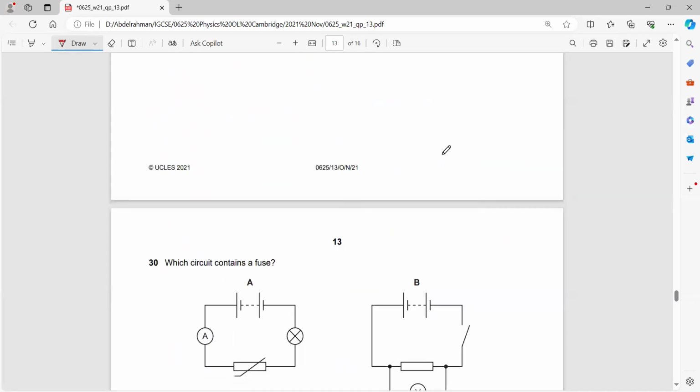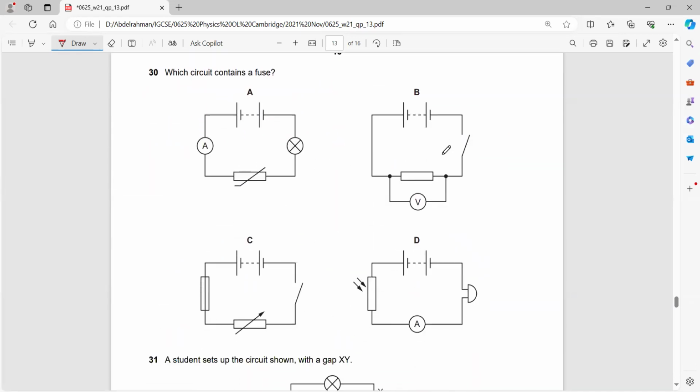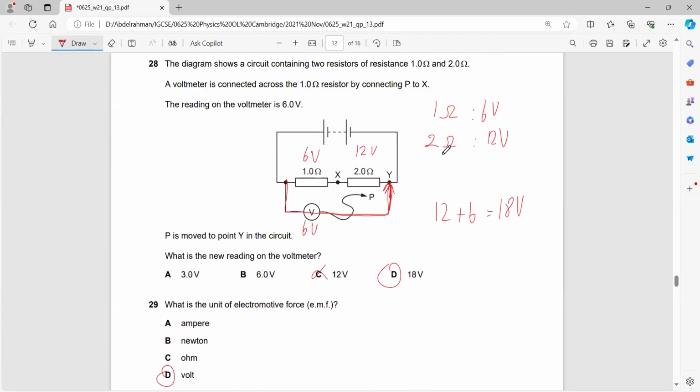Question 30. Which circuit contains... I still have problems with 28. Again, question 28. Very simply, the potential difference of the 1 ohm is 6 volts.